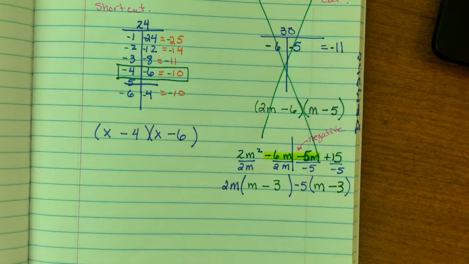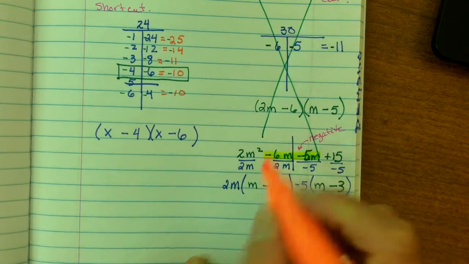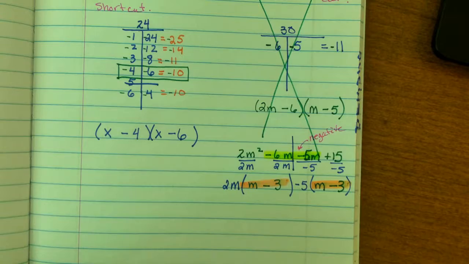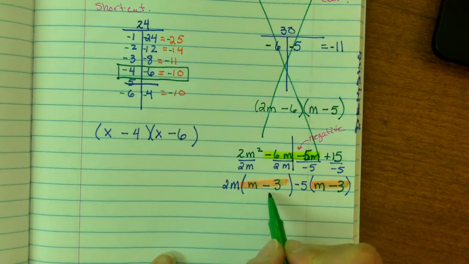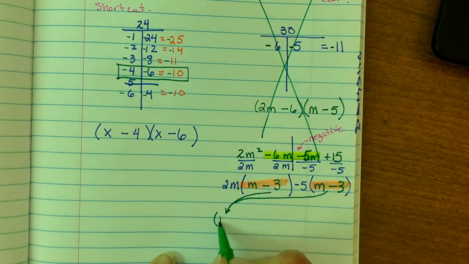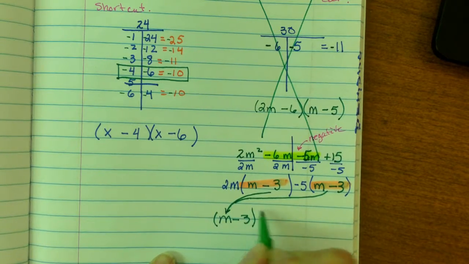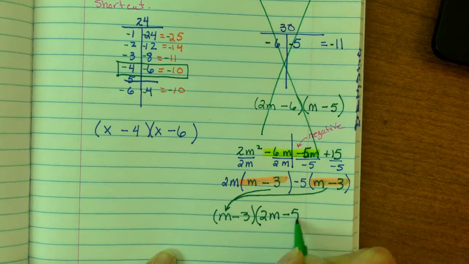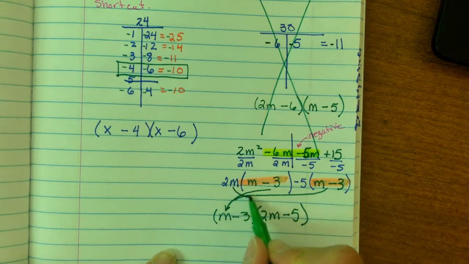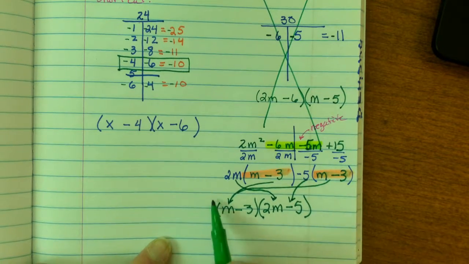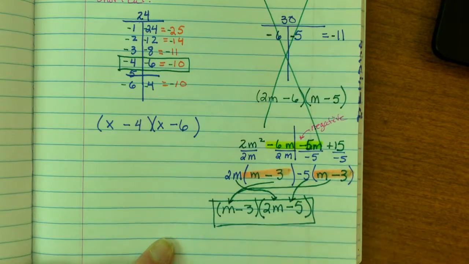So we can see right here that m minus 3 and m minus 3 are the same. So that means that factors out of both. And then I have 2m minus 5 is what the other one becomes. So that there is my correct factoring.